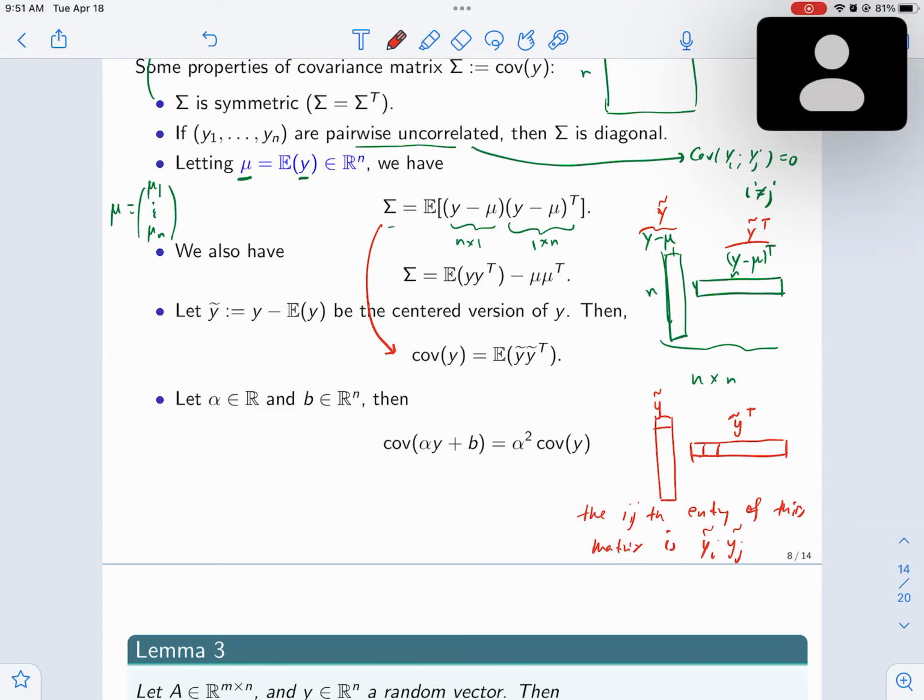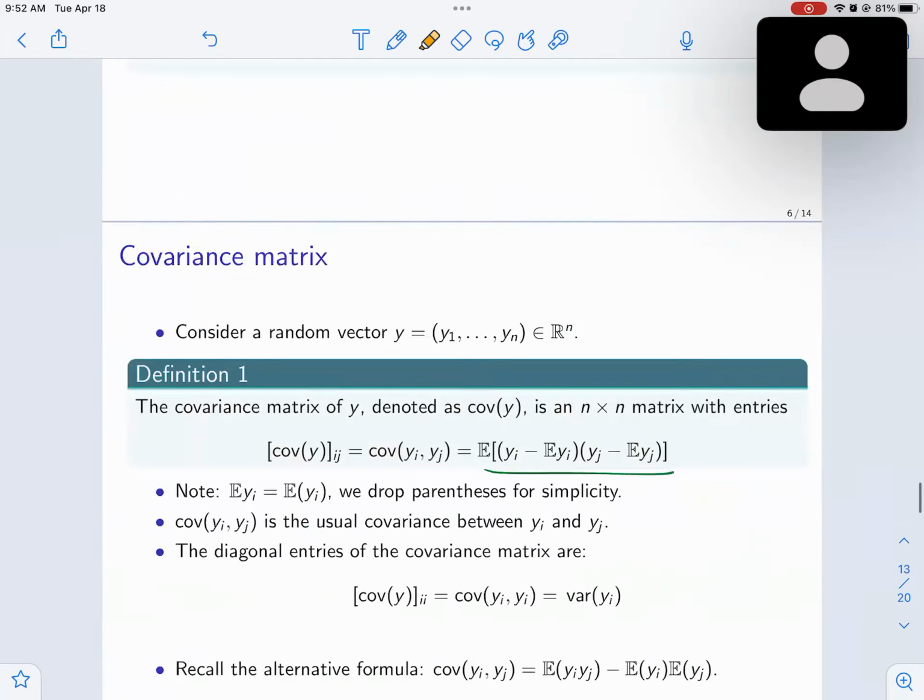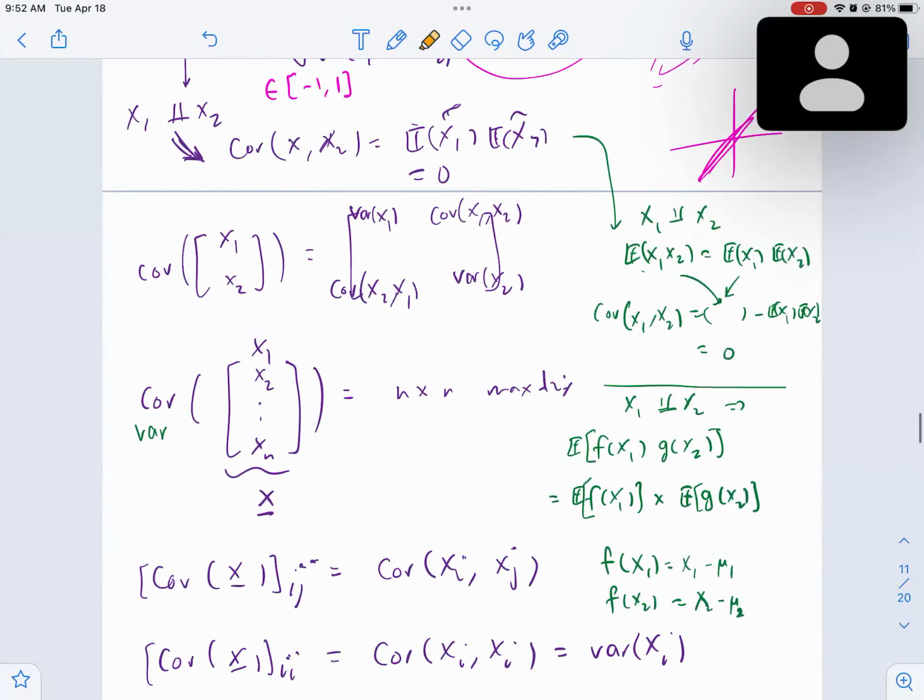applied coordinate-wise, the ij entry of the expectation will be the expectation of this guy. And this is the covariance of i j. So if you think about it, this is really just a consequence of the way matrix multiplication works. But this is nicely connected to this expression that we had before.